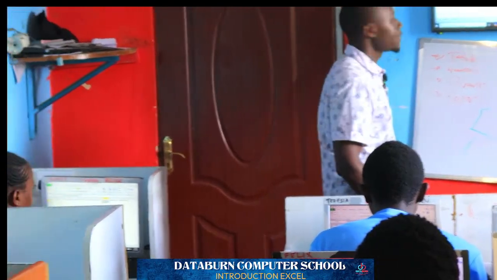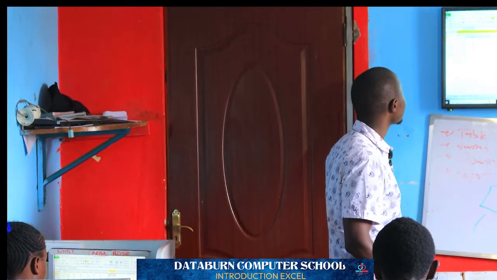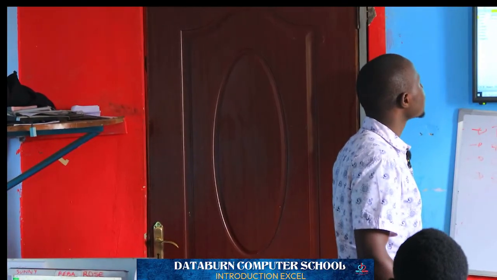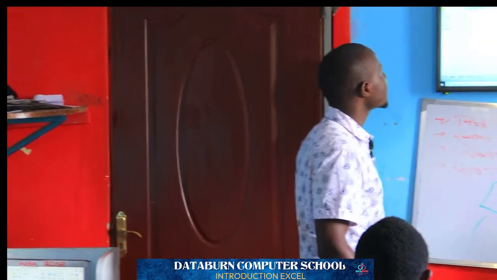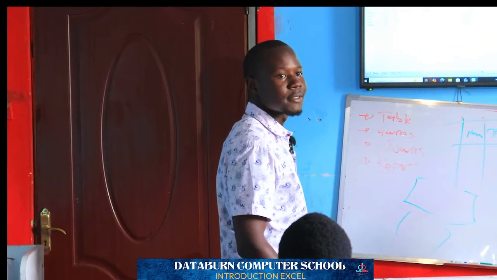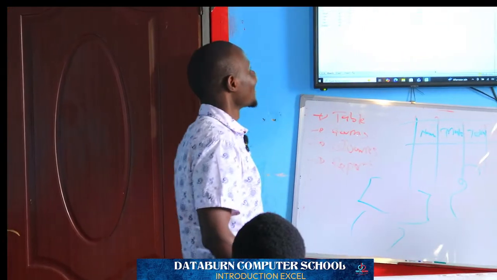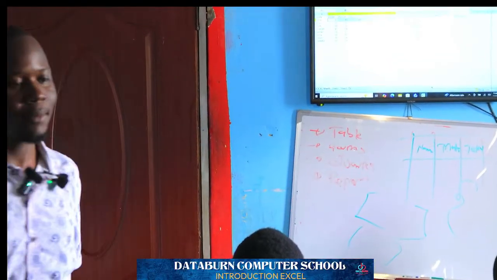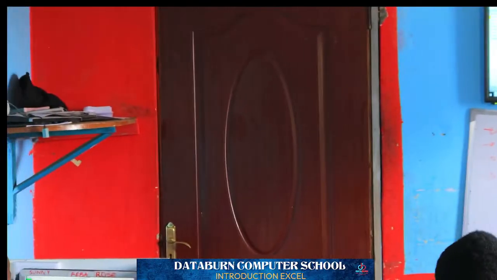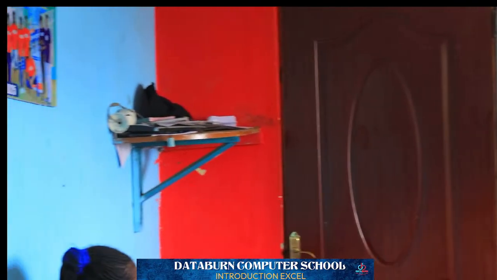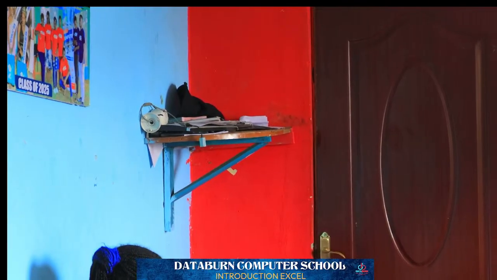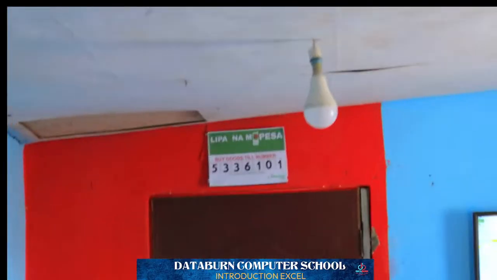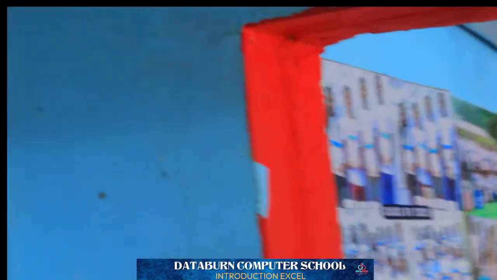So for you to find it, again highlight from 45 to 67, then come again to auto sum, then click maximum. It is written max.